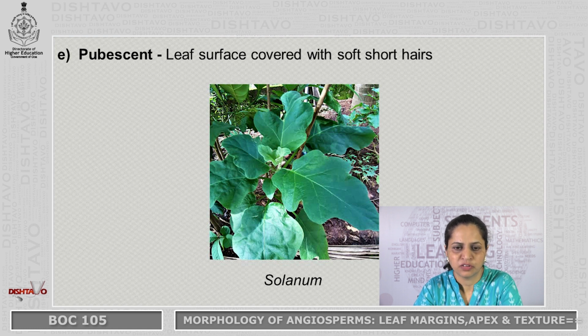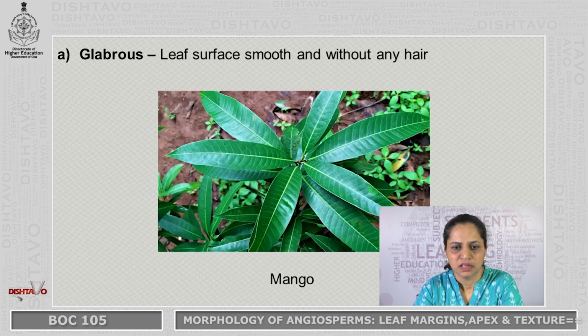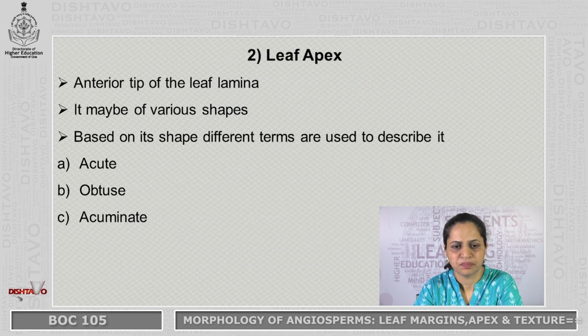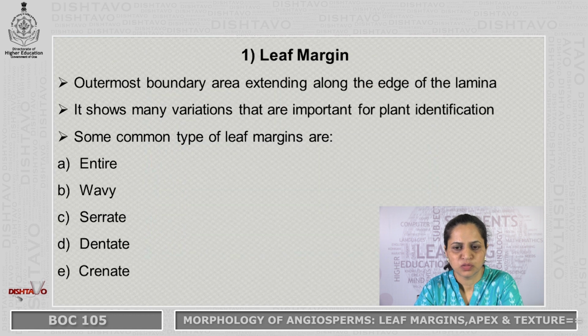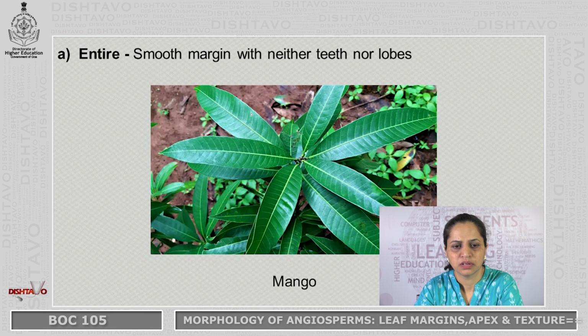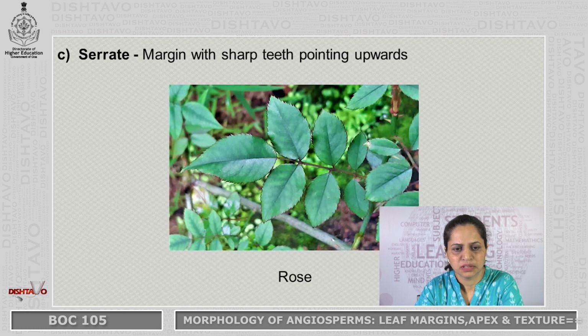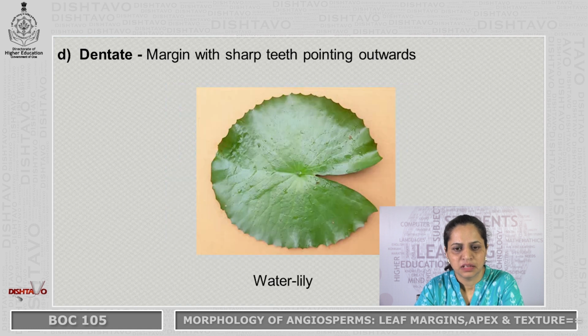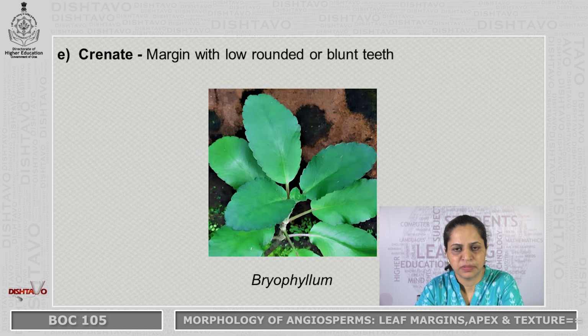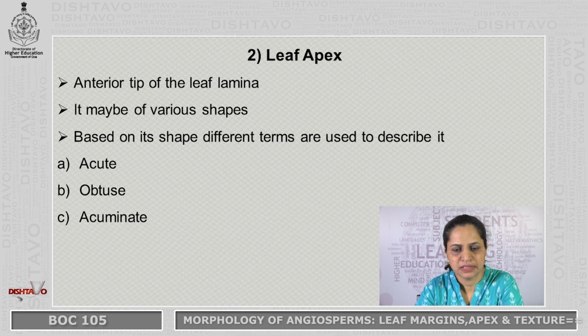Now we can summarize what we have already studied. The first part we have studied is leaf margin. Under this, the different types which we have studied are entire, example mango; wavy, example polyalthia; serrate, example rose; dentate, example water lily; and crenate, example Bryophyllum. The next thing which we studied is leaf apex.